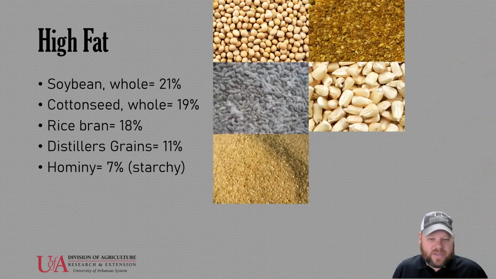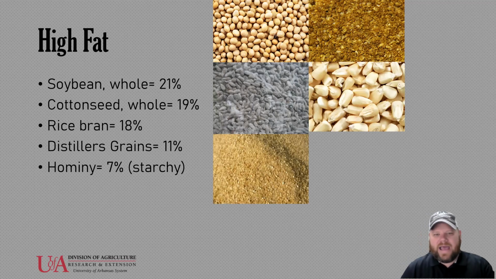High fats. So again, we want to avoid a lot of high fatty ingredients. And so you probably noticed that we've already talked about some of these being a good energy source, but they can also be high in fats. Whole soybeans, whole cottonseed, rice bran, distiller grain, and hominy. These 5 are very high in fats.